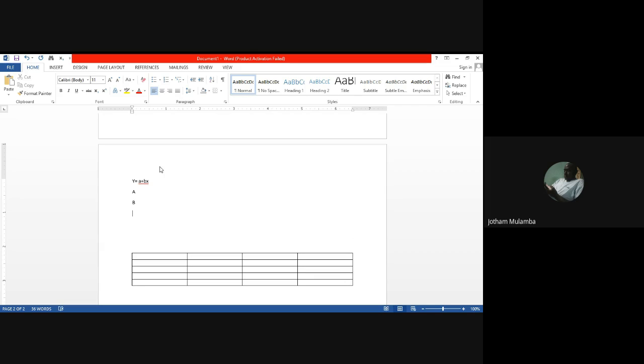Formula for a and formula for b. So the formula for a, for us to calculate a, is usually equals to n, summation of... I can't get the symbols for summation, so I'll use E to represent summation.